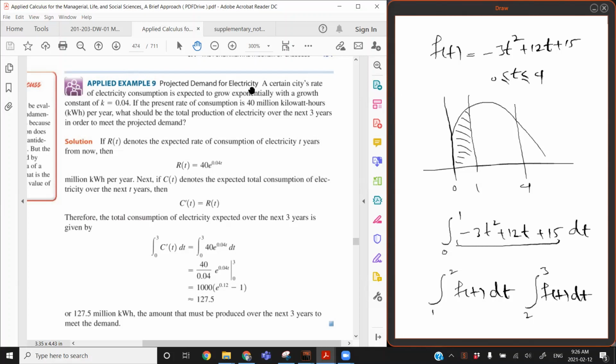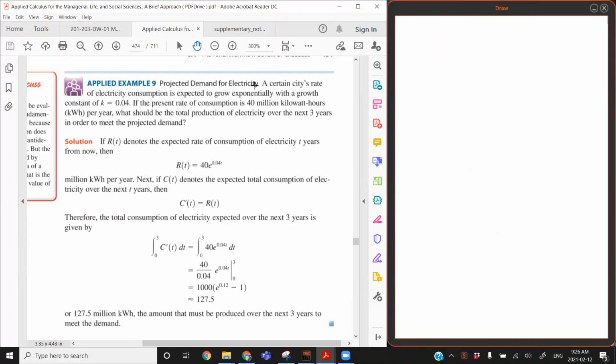And the other thing is exponential. Any exponential growth or decay function has this form. F of t is, let's say, a times e to the power of kt, where k is called the growth constant, and a would be the initial value.